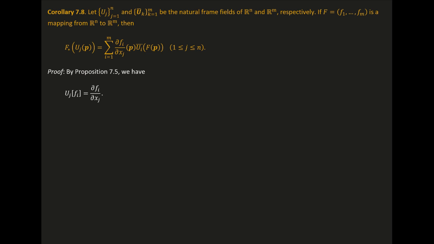Then if F is a mapping from Rn to Rm, the image of the natural frame vector fields Uj under F star is equal to linear combinations of the natural frame fields U bar sub i of Rm, where the coefficients will be these partial derivatives of the components of F. This follows from proposition 7.5, where we use the fact that partial Fi, partial xj, is the same as the directional derivative of Fi in the direction of Uj.